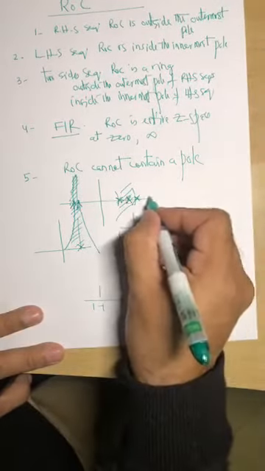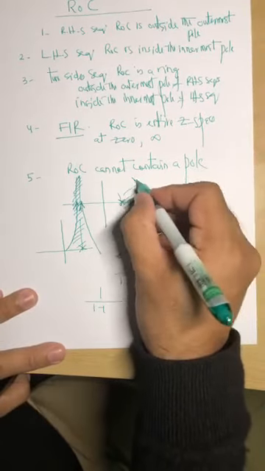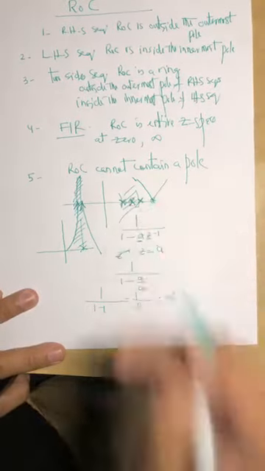And at 0, the Z transform becomes 0. Okay? And that's why they are called poles and zeros.